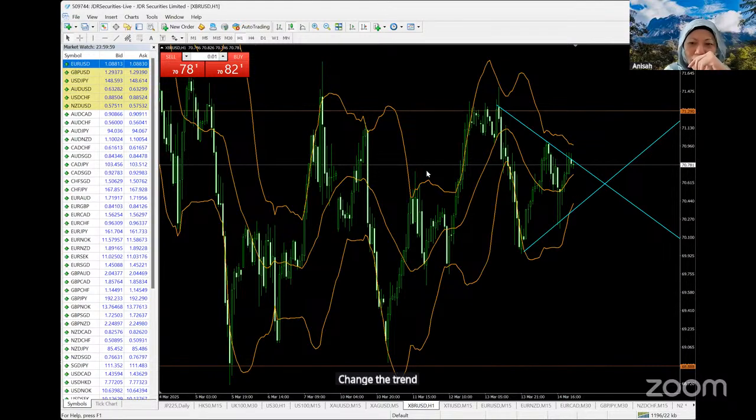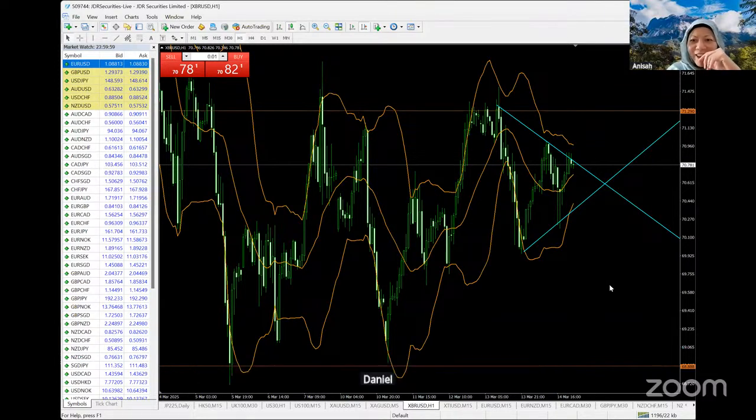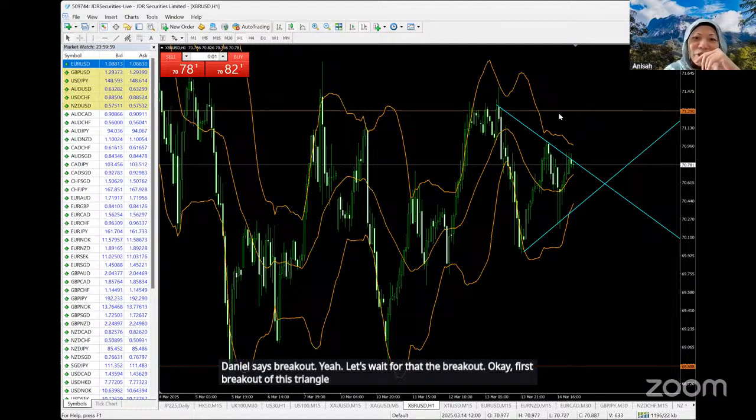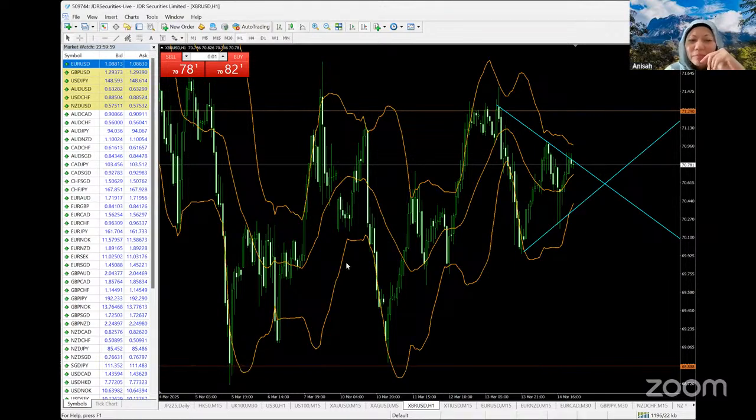Since currently it is sideways, we're going to see whether it's going to move into an uptrend or continue into a downtrend. Daniel says breakout. Yeah, let's wait for that breakout. First the breakout of this triangle, and then the next breakout of this huge rectangle range. So this is for Brent oil.